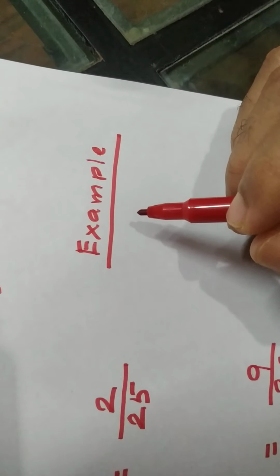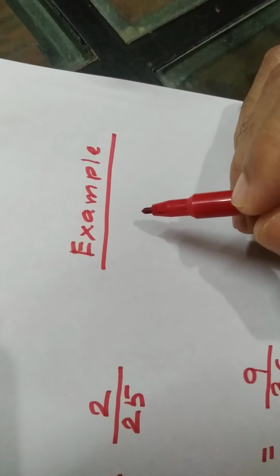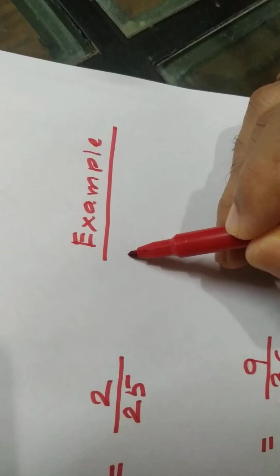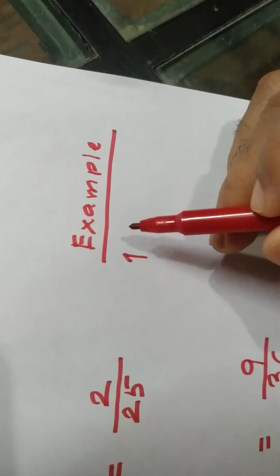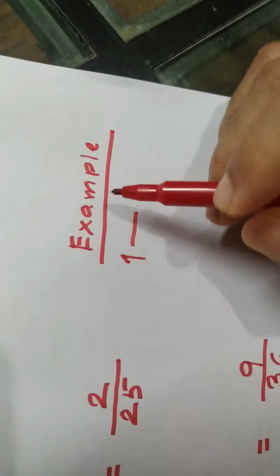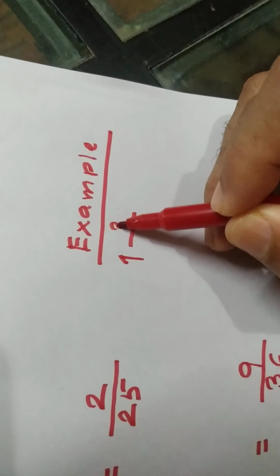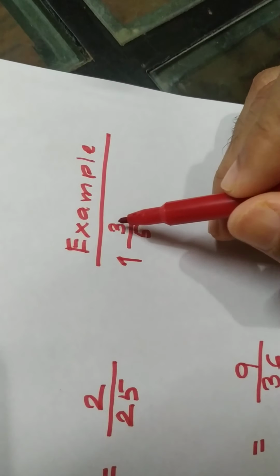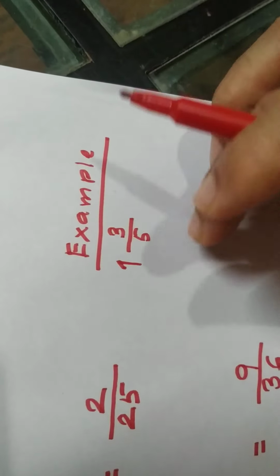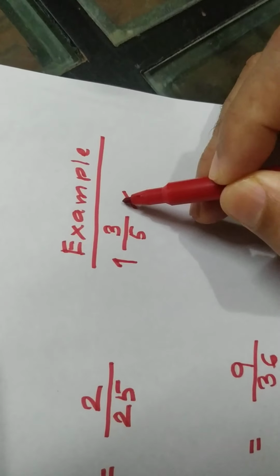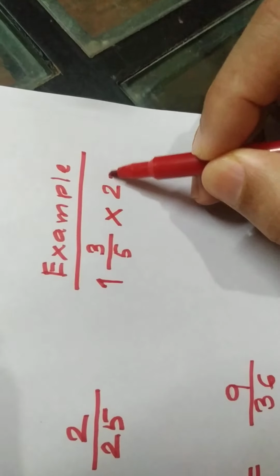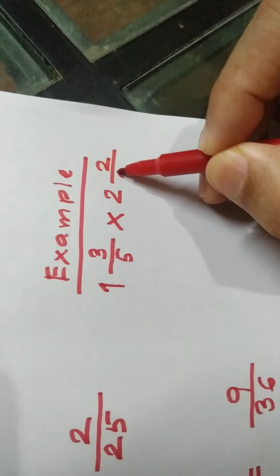What will happen if both my fractions are expressed as mixed numbers? What is a mixed number? I have a whole number portion and I have a proper fraction portion. Let us suppose, look at this, 1, 3 by 5. This is a mixed number. So likewise I have another mixed number, 2 by 3.